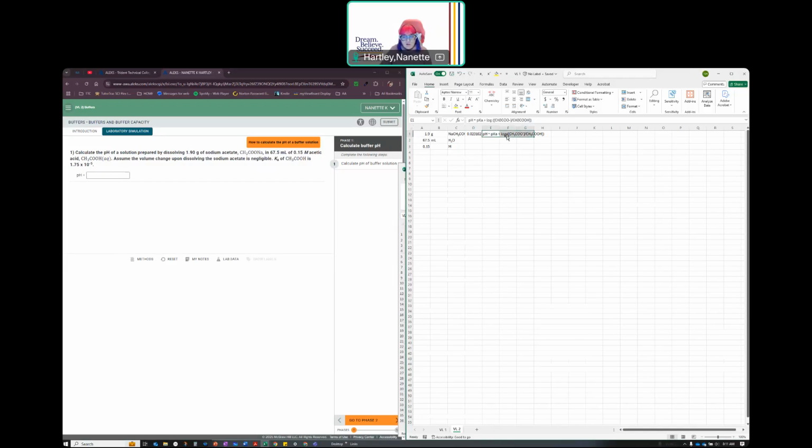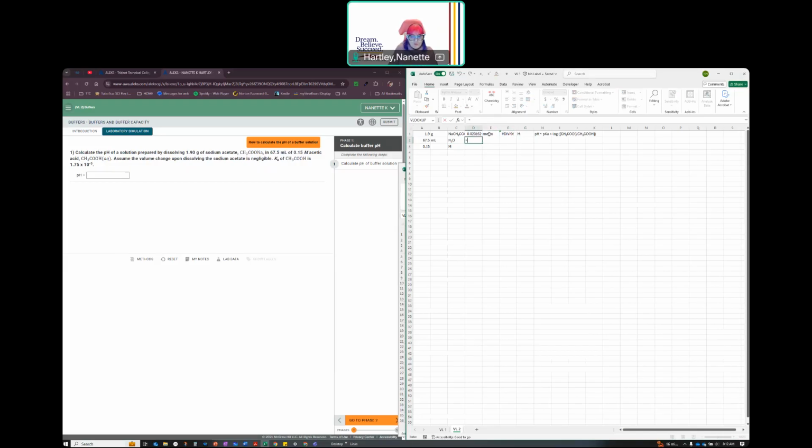Move this over. So this is moles. And if I wanted molarity, then I need to take this number right here and divide it by the volume in liters. I'm going to put that right there.